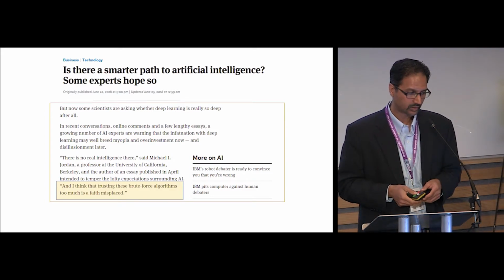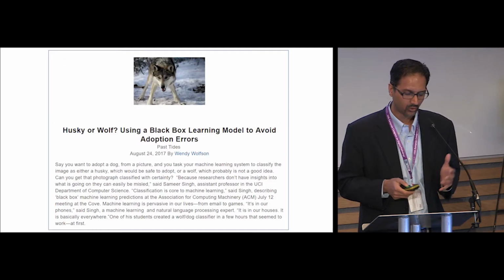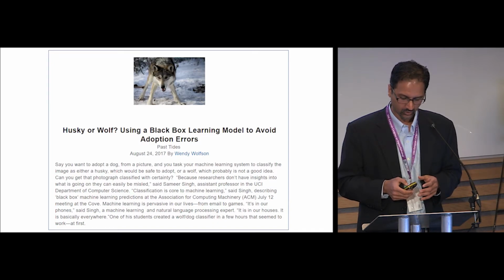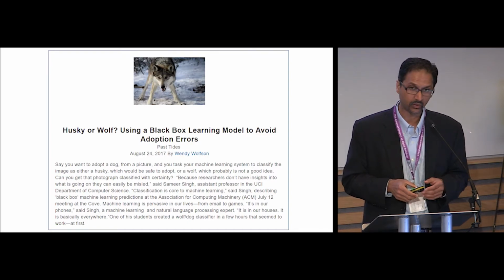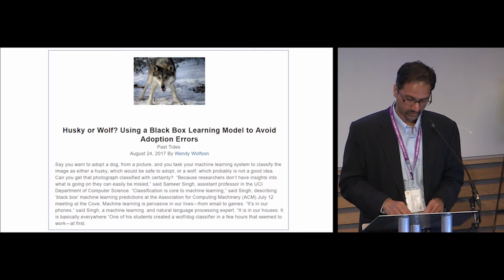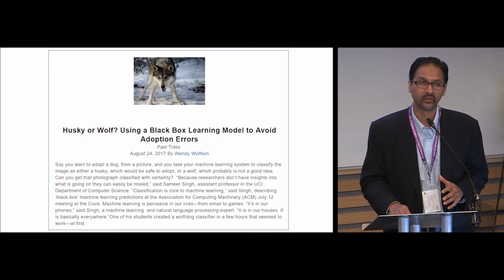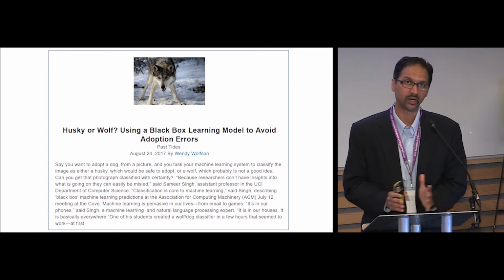He talks about not really trusting these brute force algorithms. And when this story broke, I went online and came across this story, which perhaps a number of you might be familiar with. This is work done by Samir Singh, an assistant professor of computer science at the University of California, Irvine. And Samir was looking at training neural networks to distinguish wolves from huskies, right?